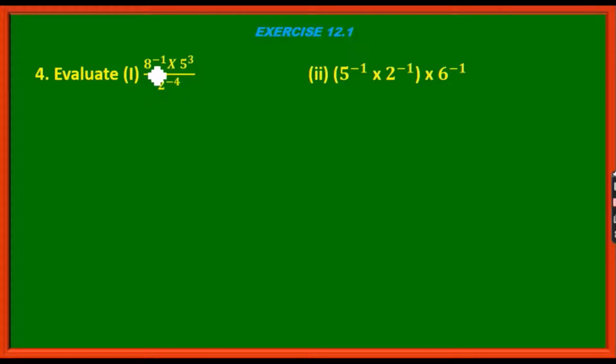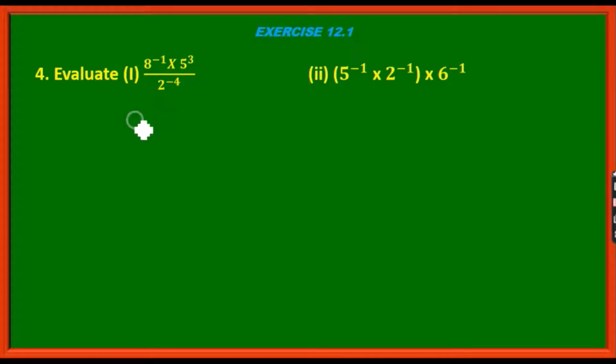Here you can see that 8 has a negative exponent, and 2 also has a negative exponent. So let us take the reciprocal of both to change the negative exponents to positive. Let us take 2 raised to minus 4 to the numerator and 8 raised to minus 1 to the denominator.